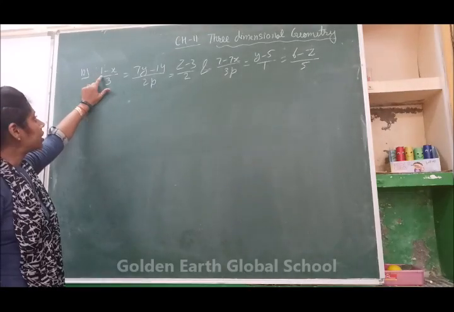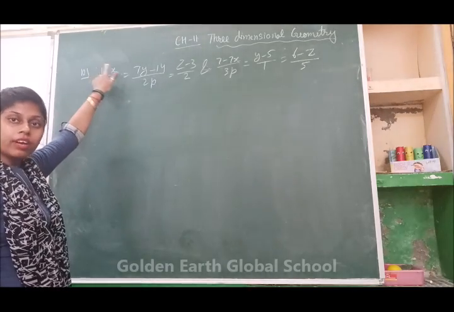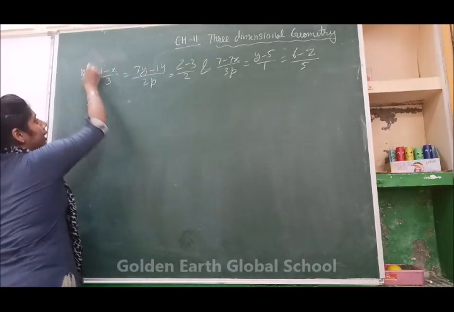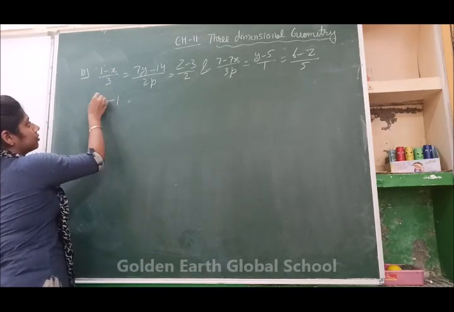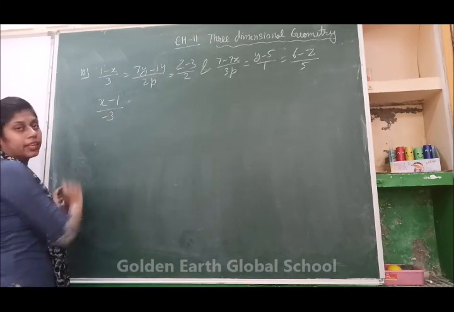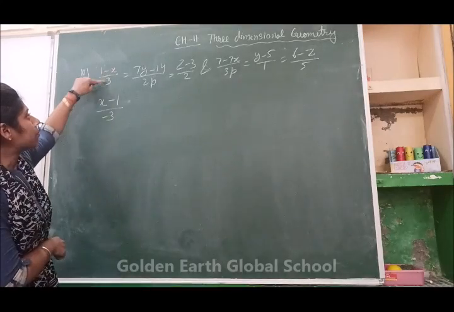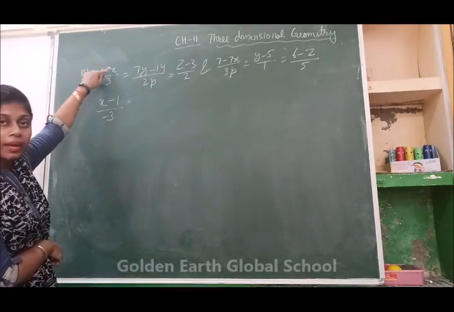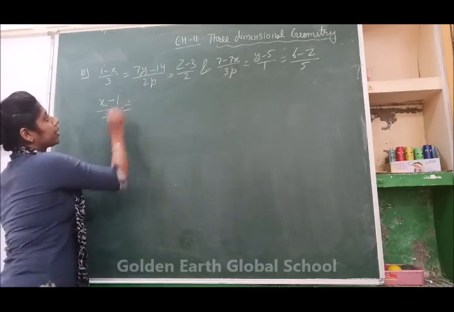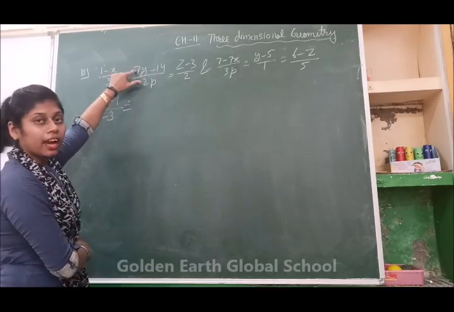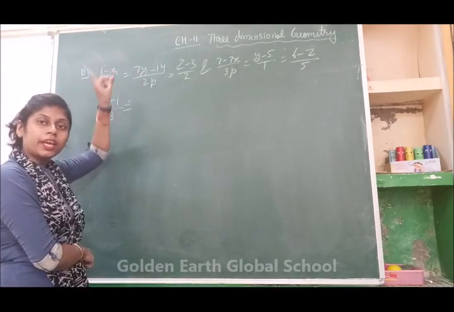In the numerator there should be x minus 1, not 1 minus x. So we multiply this term by minus. It will be minus 3. Divide each term by minus 3, or you can say multiply each term by minus 1. Similarly here. Here the coefficient of y is 7, but the coefficient of y should be 1.